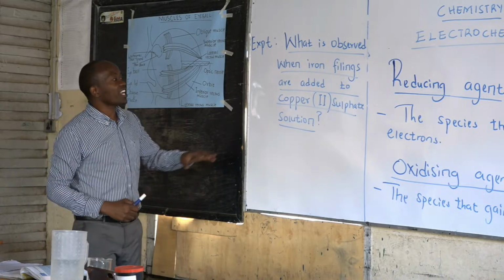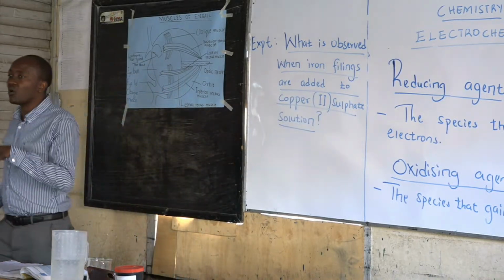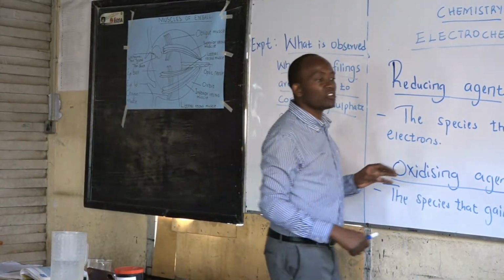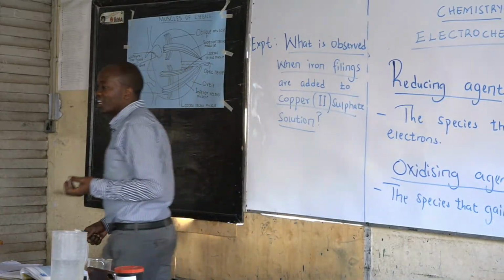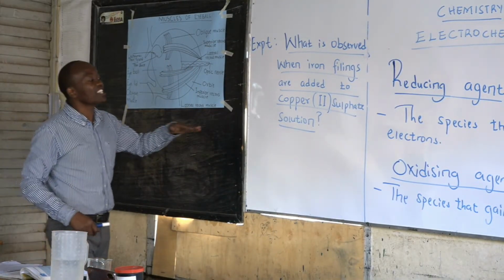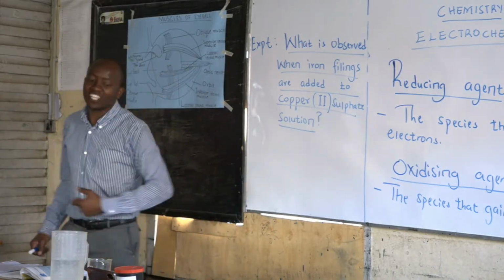Okay, so in this kind of reaction, we are going to have what you call a displacement. So one of the metal ions is going to be displaced from the solution by a metal which is more reactive. So the first thing you have to understand is the reactivity series. You remember the reactivity series? Yes.